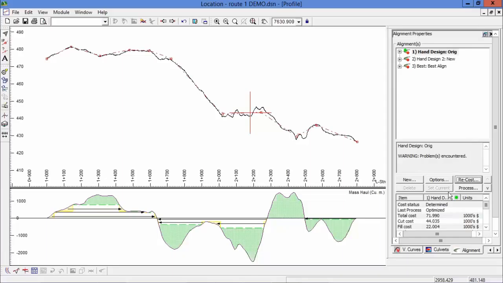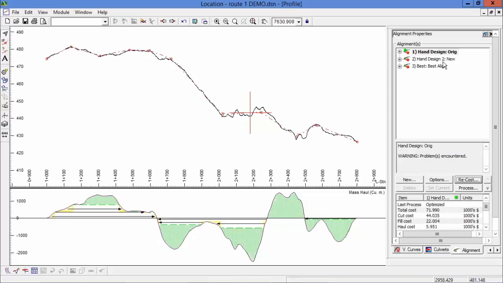Hold on. There you go. So here, the cost is being provided. You can see that this alignment is being costed at $72,000, and you have the detail of the cost, like cut cost, fill cost, and haul cost.